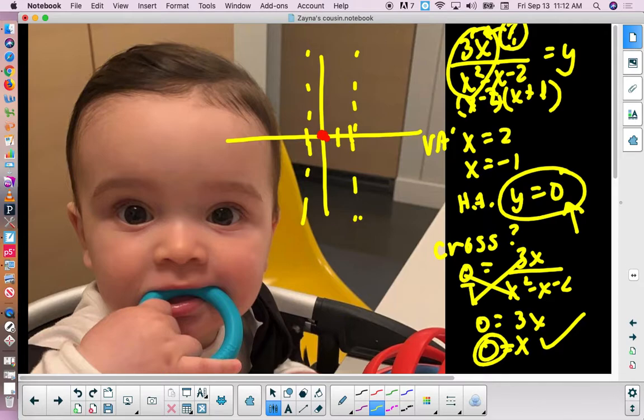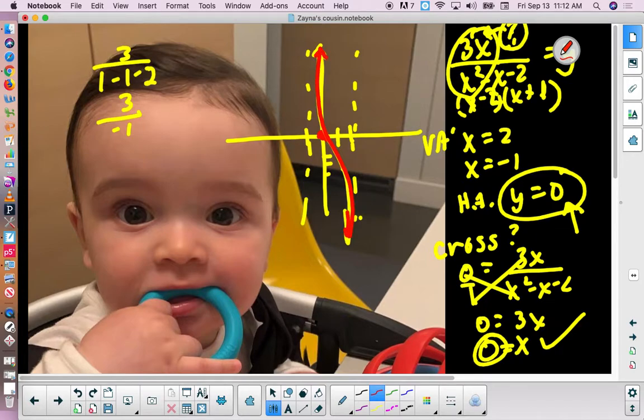If I fill in 1, I get -3, if I did that right. So did it look sort of like this, or did it go the other way? It went that way.